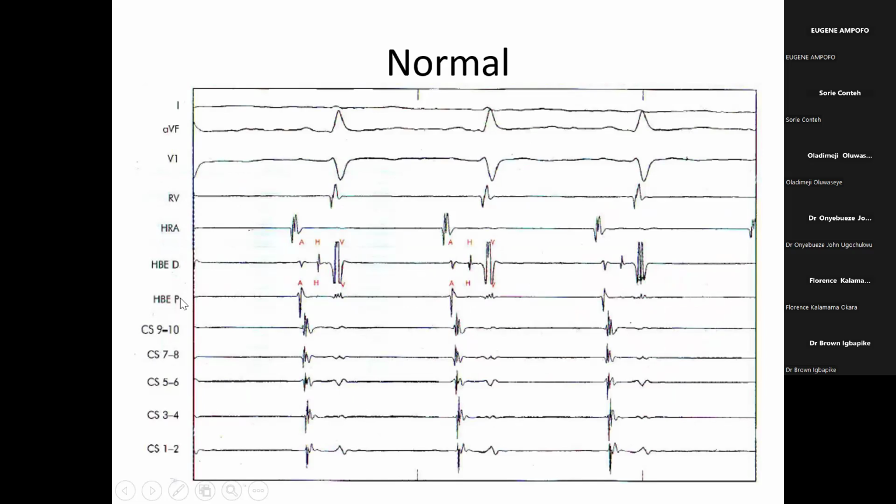As we said, the catheter can have a proximal and a distal end: P is proximal, D is the distal end of the catheter. When a catheter is labeled something to 10, it is decapolar, the number of poles on the catheter. The numbering starts from the distal end, 1, 2, to the proximal end.